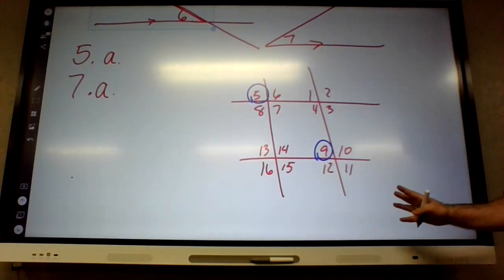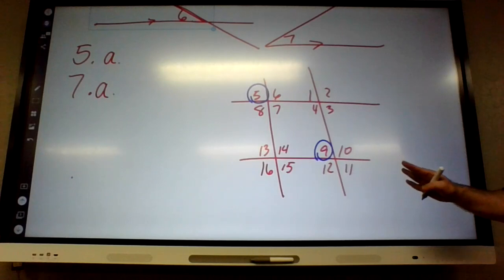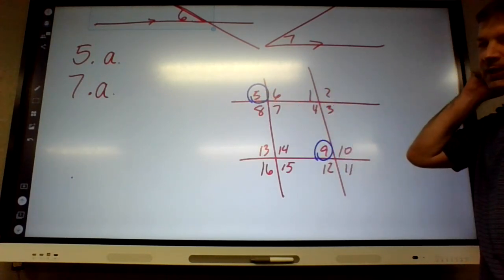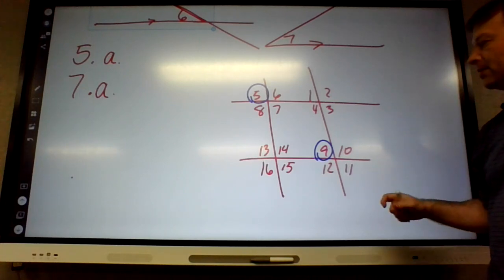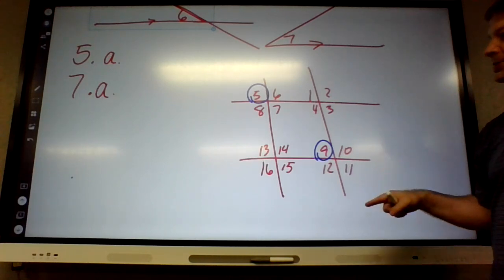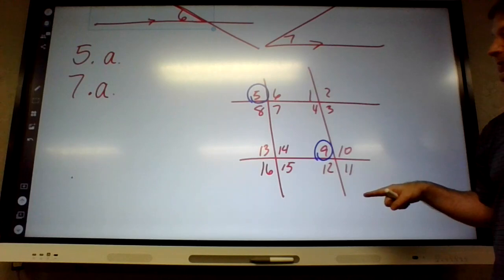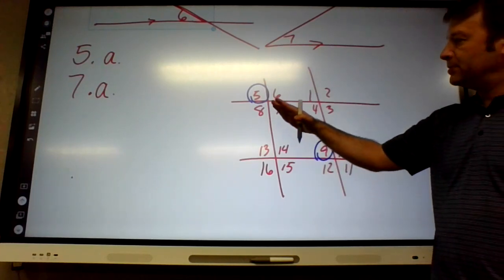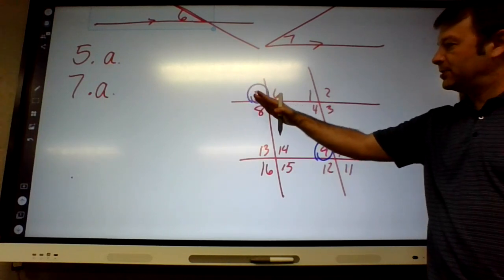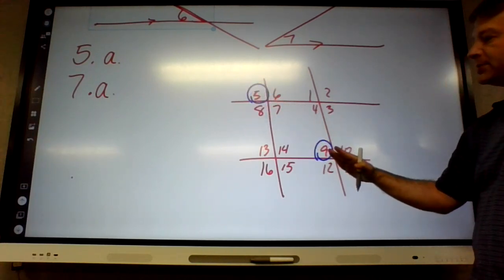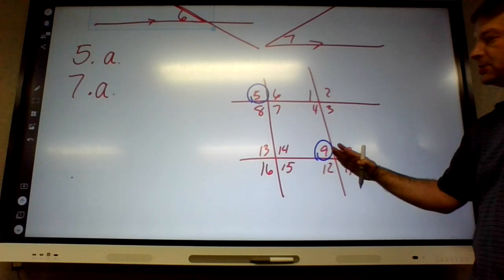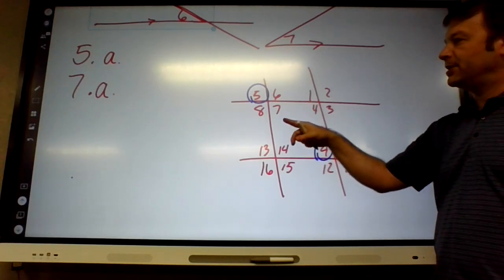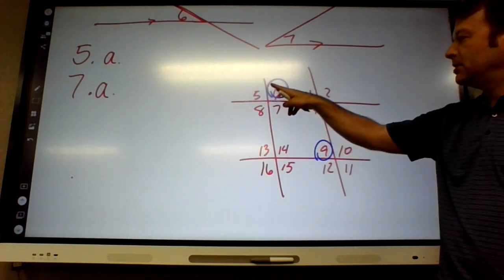Would I know any lines that are parallel if angle 5 and angle 9 are corresponding angles? It looks like they are, but they're actually not. Why not? Because there is no transversal, a common line that's creating angle 5 and angle 9, they're actually not corresponding.